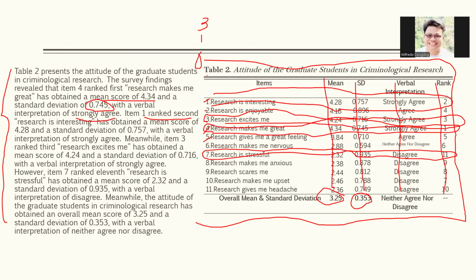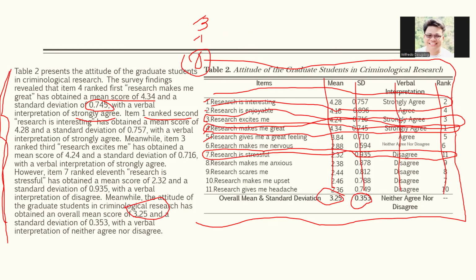So in this case, what I did here is I just presented the three highest, one lowest, and the overall mean score, which is this one. You need to present the three highest, one lowest, and the overall.